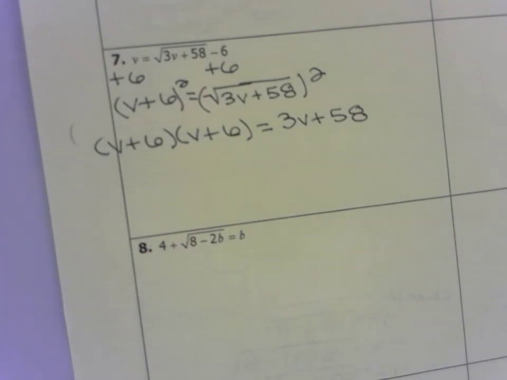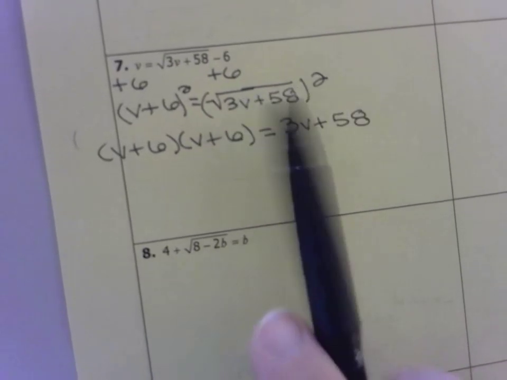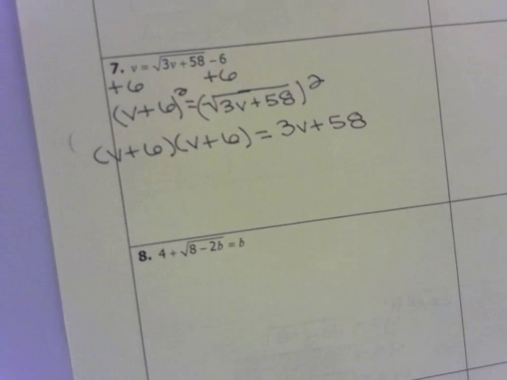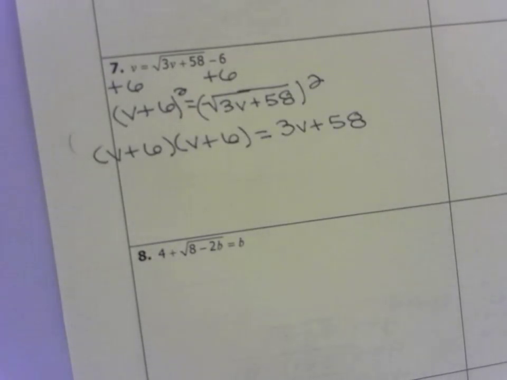The square root and the squared cancel. So when you square a square root, you're left with what's on the inside. Oh, I see what you're doing.